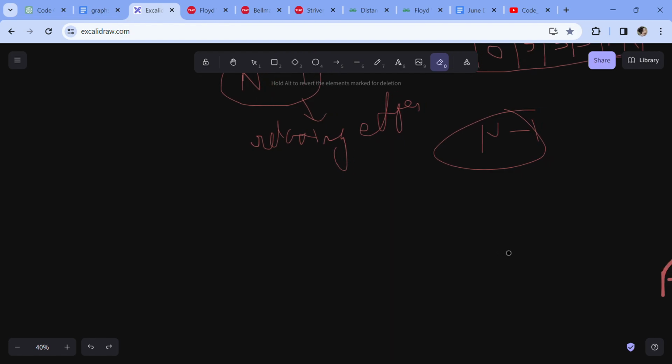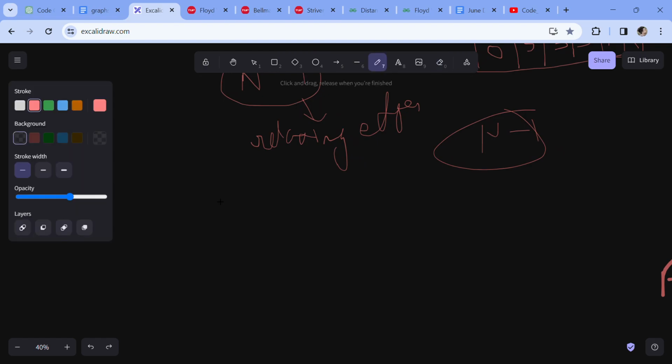So we will try to relax one more edge after n minus 1 iterations, and if it is found that the relaxation of any edge is possible, we conclude that there is definitely a negative cycle in the graph.